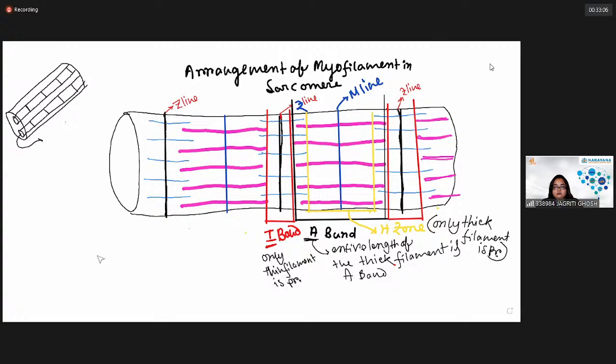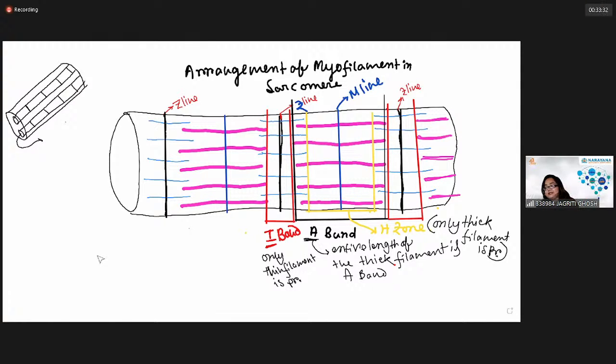Nikita, tell me, where is the H zone? Where only thick filament is present. Is that a small area or not? No, it is a large area.